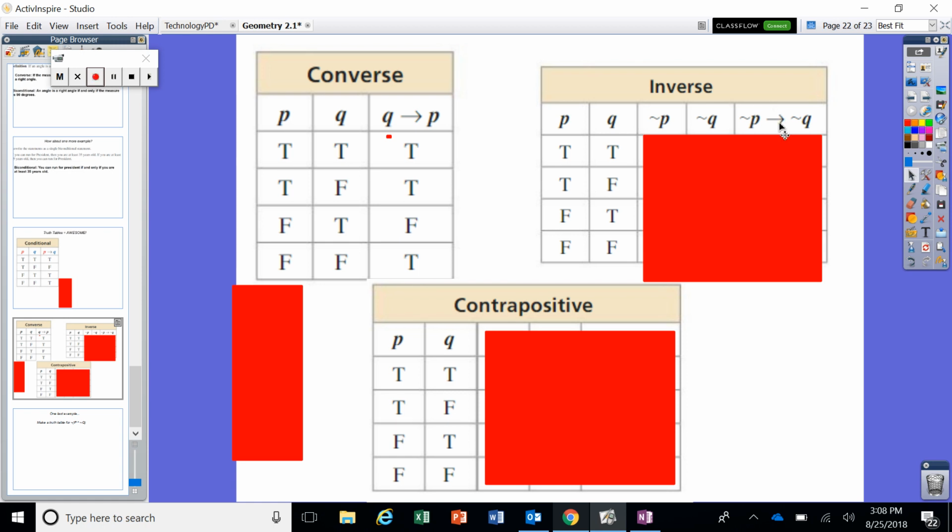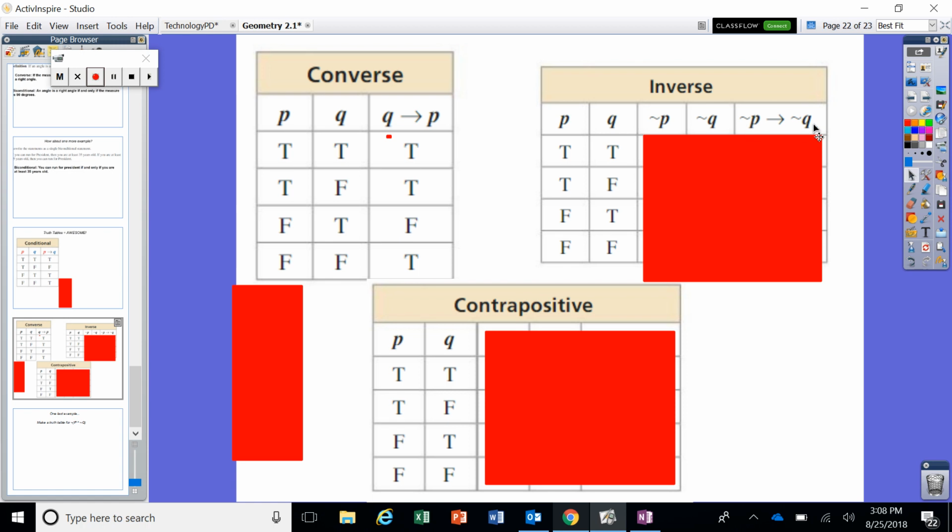So when we're dealing with truth tables, ladies and gentlemen, this is the clue for us: you have to have a column for every part of the truth table. Let me say that one more time. You have to have a column for every part of the truth table. So P and Q remain the same.